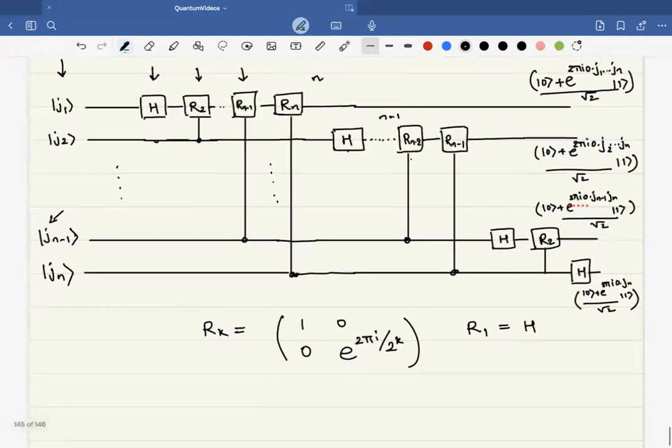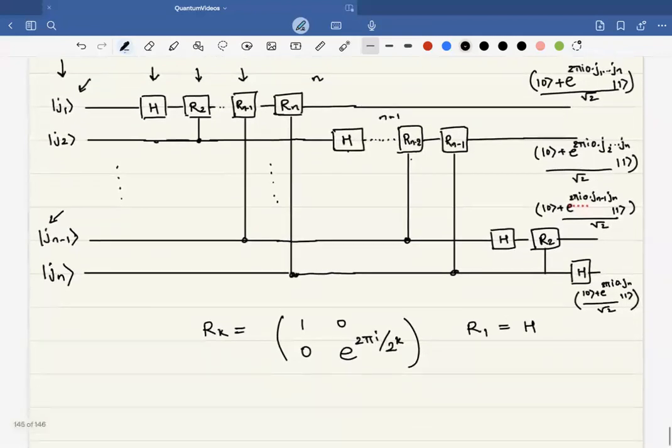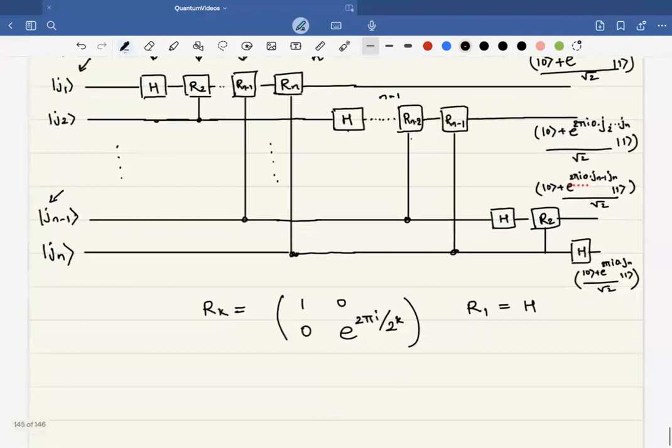So let's see why this works the way it does. I'm just going to explain the first wire, and then it will be clear how the outputs on the second and the third wire come across. So the input is j1, and the first gate that is applied is Hadamard. So what does the Hadamard gate do? We apply the Hadamard gate to ket j1.